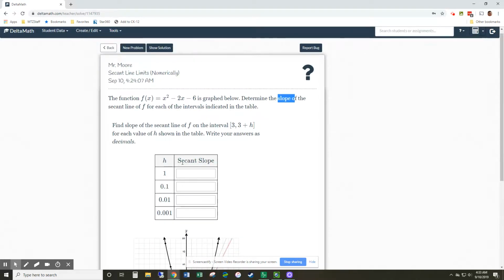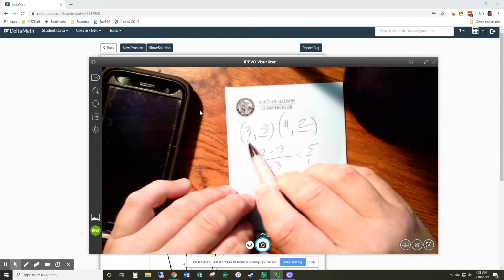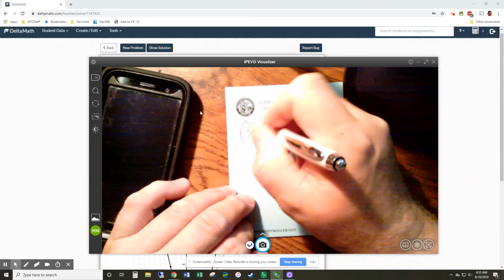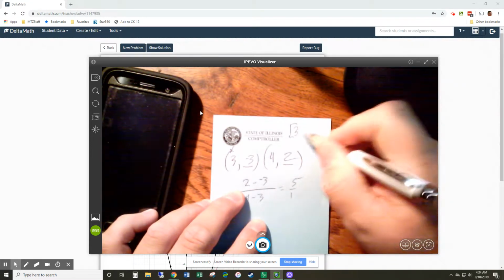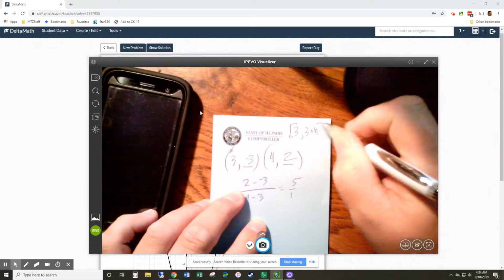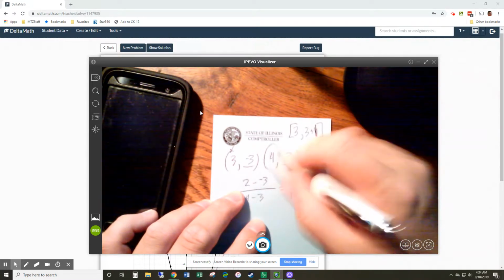So, for example, if h is 1, then 3 is the first number, the first x, because it says from 3 to 3 plus h. So if h is 1, then 3 plus 1 is 4.